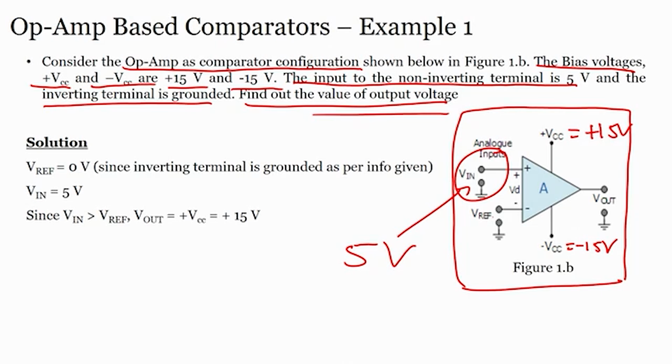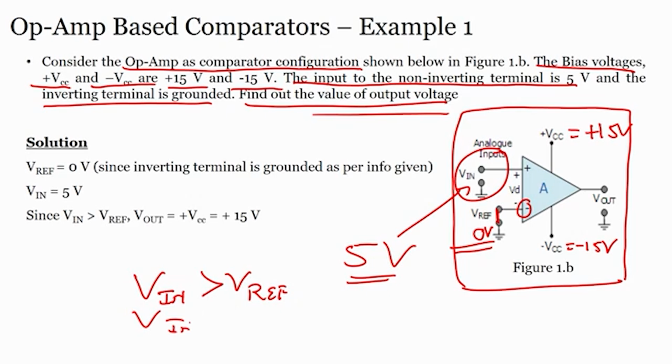If the inverting terminal is grounded, that means V reference is connected to ground, so here it is 0 volts. Now, one input signal is 5, another input signal is 0. For a comparator we have seen two things: V in greater than V ref, and V in less than V ref.